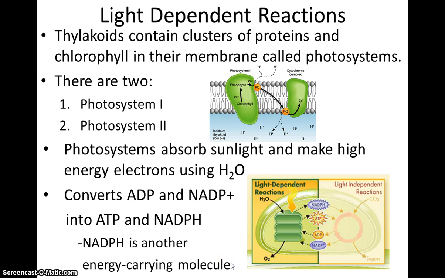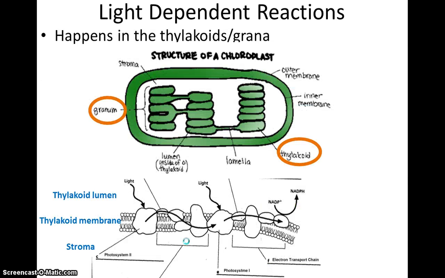So again, photosystems are just proteins with chlorophyll clustered together. This is how we're actually going to produce ATP and NADPH, and we'll look at these in a little more detail. The one thing I do want to tell you here is ADP is the precursor to ATP, as we already know. NAD plus is a precursor to NADPH, and basically NADPH is just another energy carrying molecule.